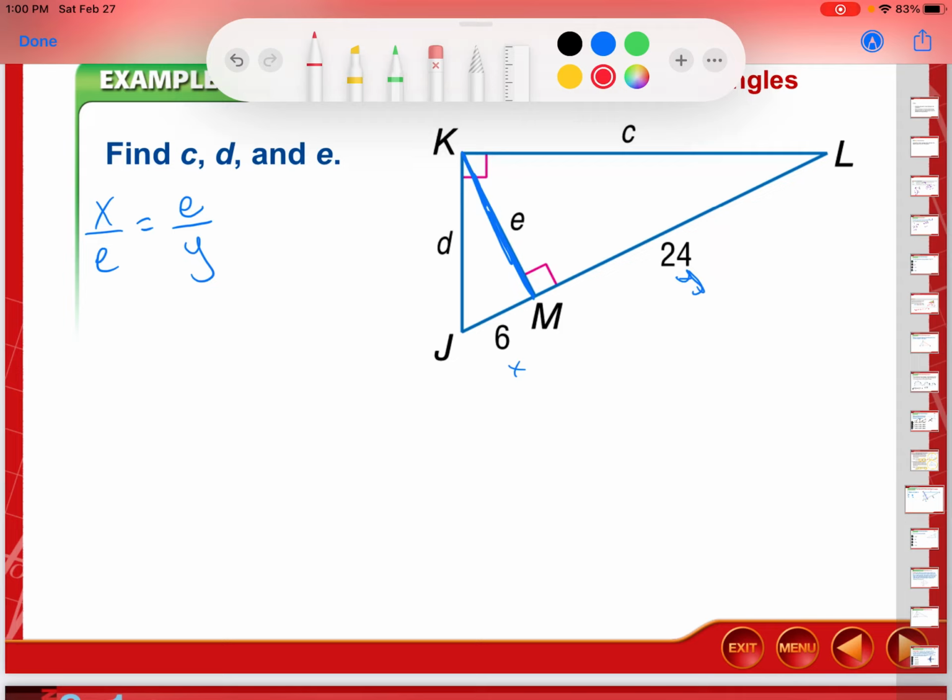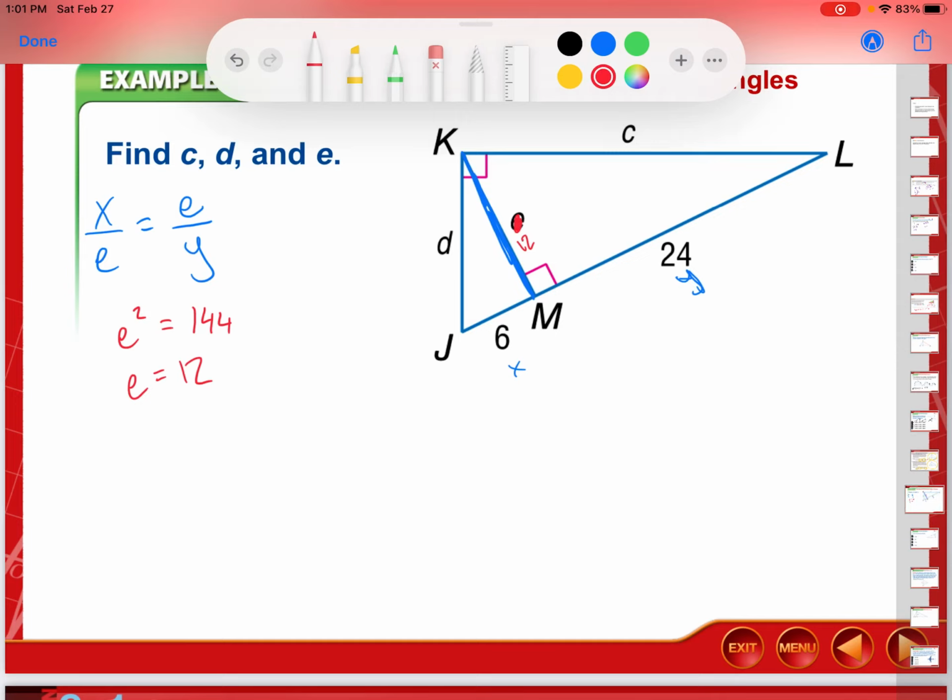So now we don't know our e value, but we do know our x and y. And so I know e squared, because e times e is e squared, is going to equal my x times my y. So 6 times 24 is 144. Then if I take the square root of both sides, I find out that e equals 12.